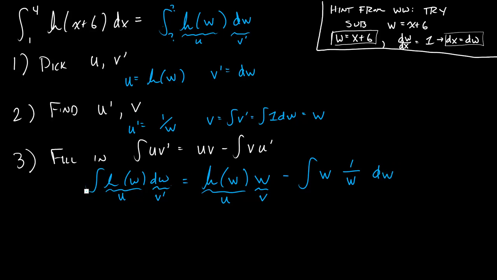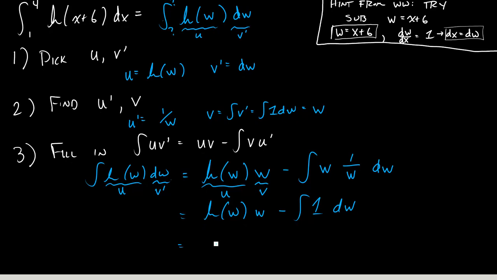Notice I started off with this integral that was a little bit too hard to do, and what I get here is an integral that's going to be very, very easy. So this is the ln of w times w minus the integral of w times 1 over w, which is just 1 dw. What I get out here is just w ln w minus, what's the integral of 1? It's just w. If I take the derivative of w, I get this 1. And this whole thing's going to be plus c.